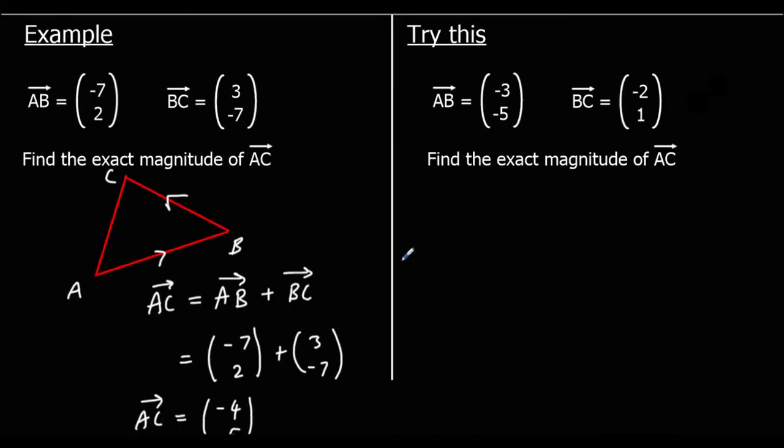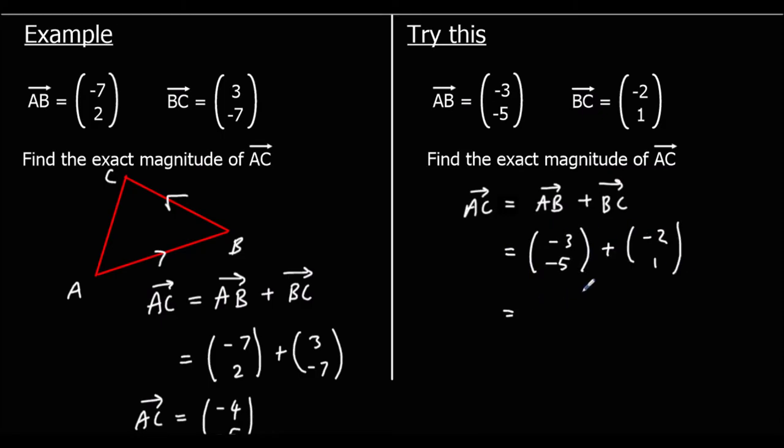Here's a question for you to try. So pause the video and give this a go. So again, we've been given A to B and B to C, but we want A to C. So A to C is the same as A to B plus B to C. So we're going to add these two vectors together.